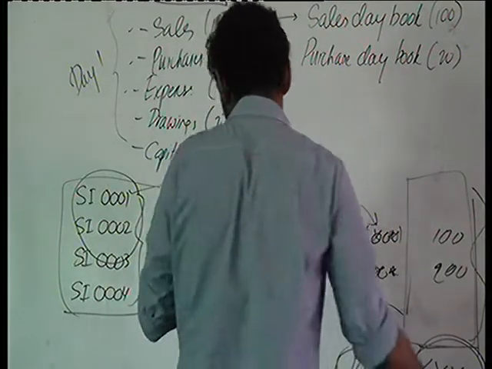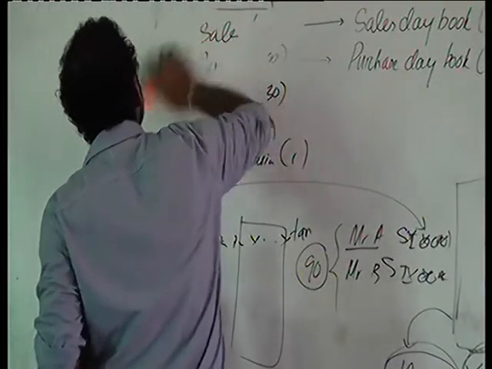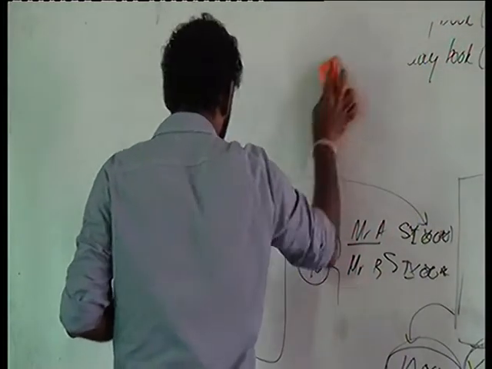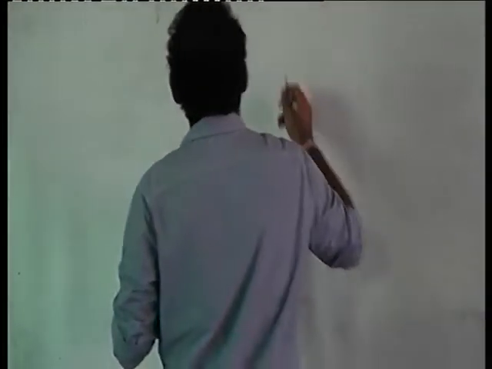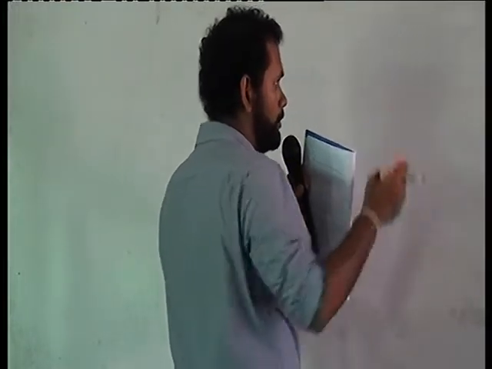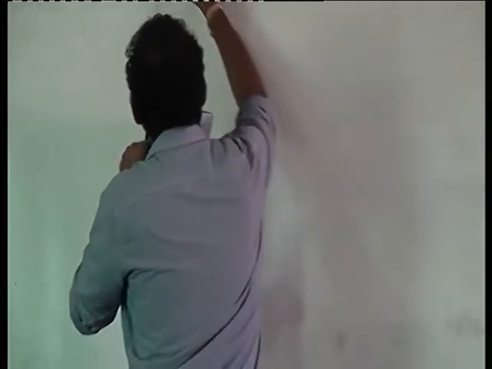So first we'll take down the 2-column cash book. Since the receipt numbers are not given in the question, I'm not going to put up the column related to receipt number. I'm just putting up the other columns.